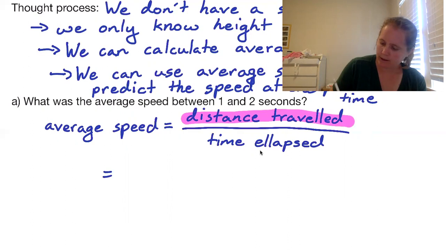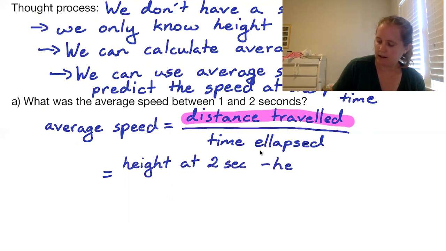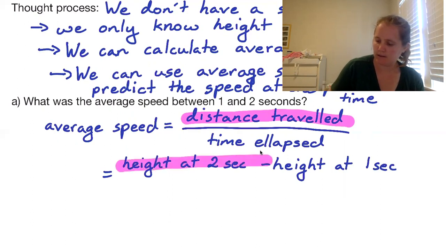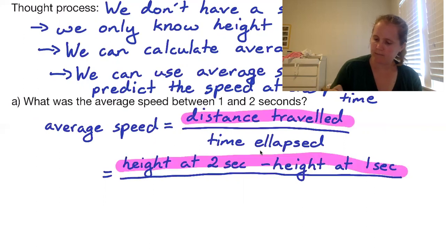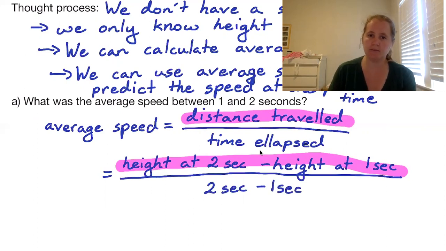So we'll do the height at 2 seconds minus the height at 1 second. And then for time elapsed, we just have 2 seconds minus 1 second to figure out how much time has passed.